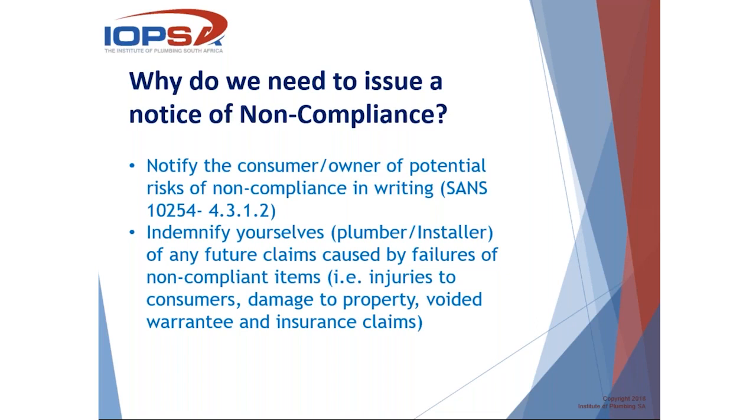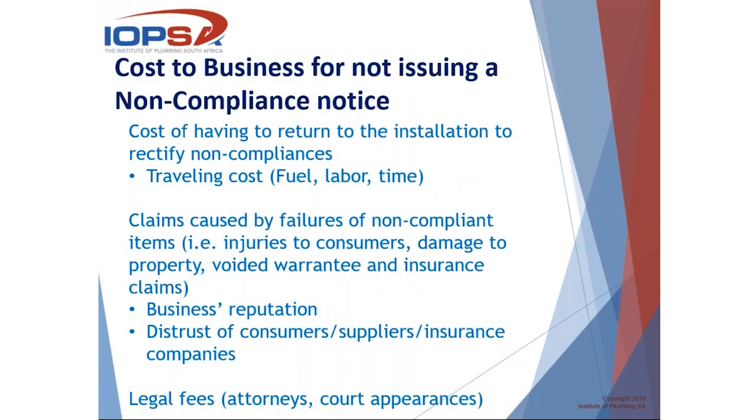Now, if you did not notify this owner or this consumer, you might be held liable for the repairs and or replacement of that particular item. And then also the insurance guys are also now catching up onto this. So guys, please, let's have a look at this. Make sure that you do that. It's quite obvious that not everybody is up to date and understand what's going on in the SANS codes.